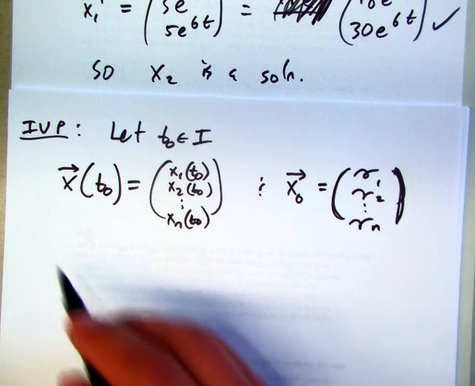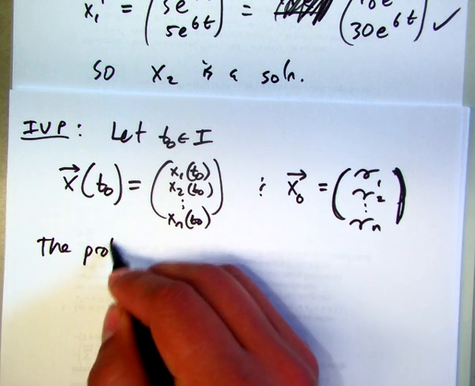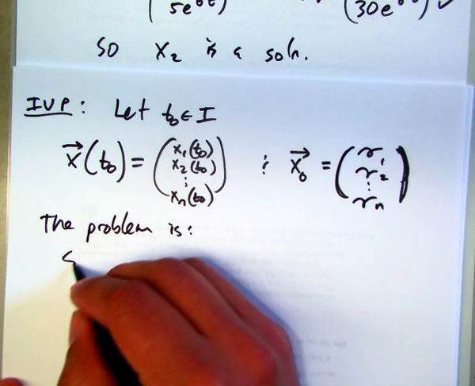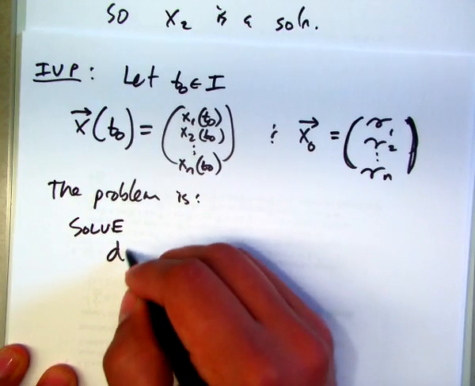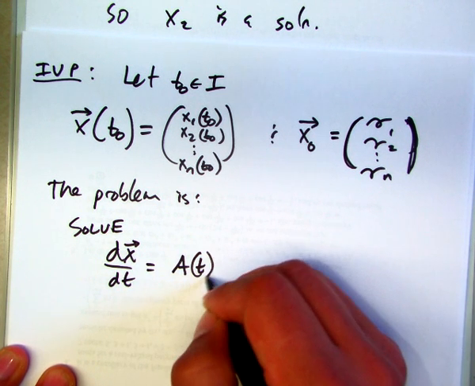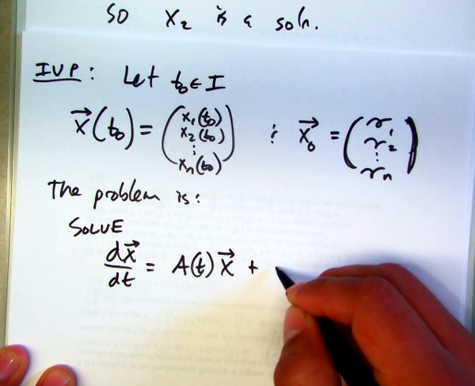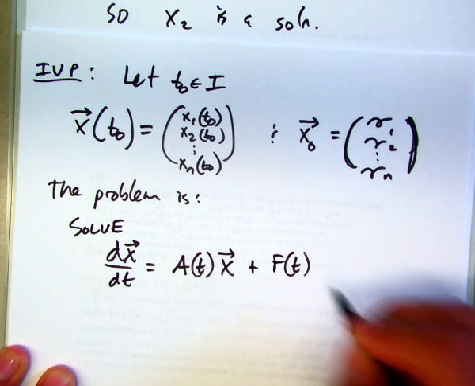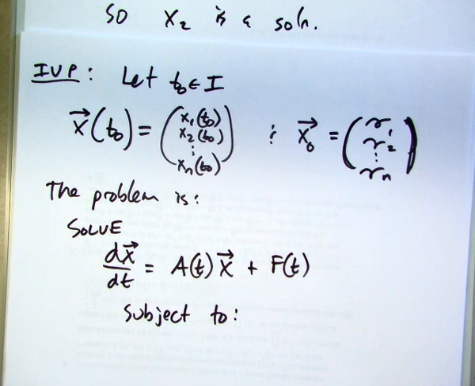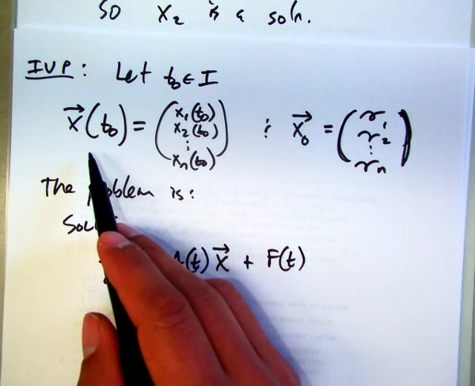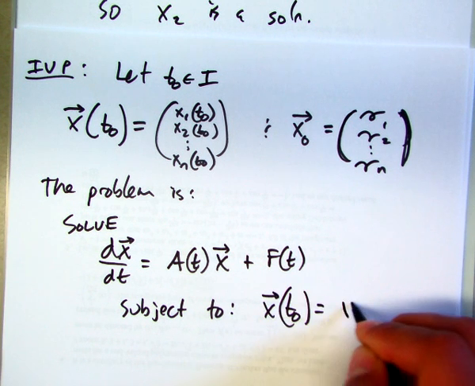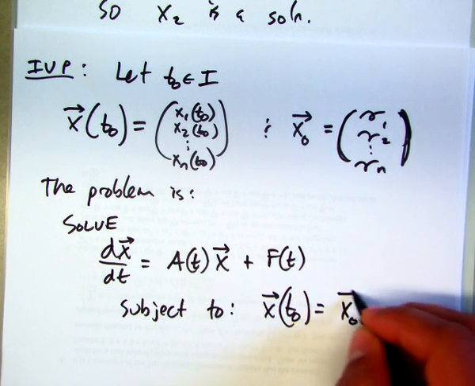Okay, so the problem is going to look like this. Solve dx/dt equal to A(t) times x plus f(t), subject to some kind of condition which is going to look exactly like this: x(t naught) equal to some initial column matrix, which is this guy over here.